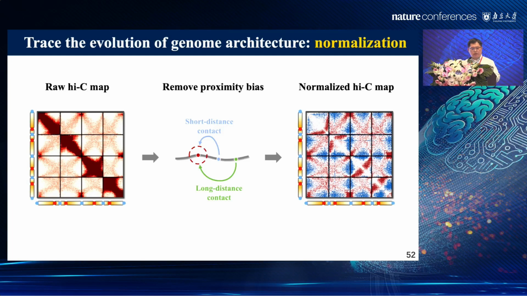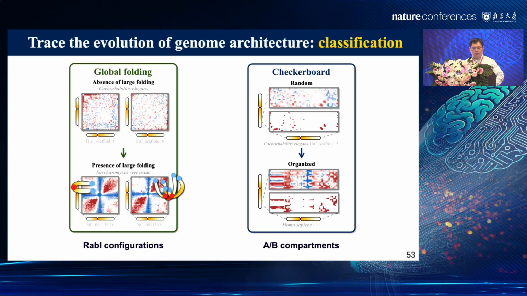So I apply a filter to remove such proximity bias, so we remove the distance bias. Then we have what we call normalized Hi-C data. By doing such an operation, we remove the short distance interaction and enhance the long distance interaction, but largely the biological signal remains the same. So then we go straight forward to the classification.